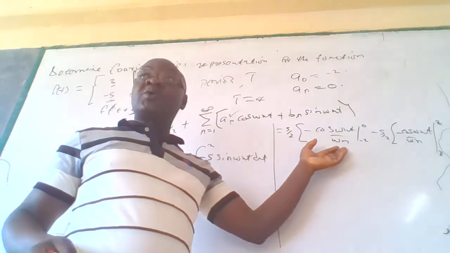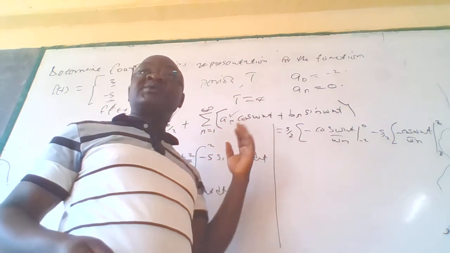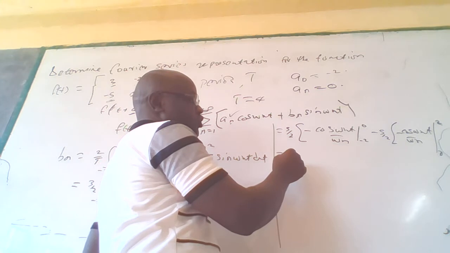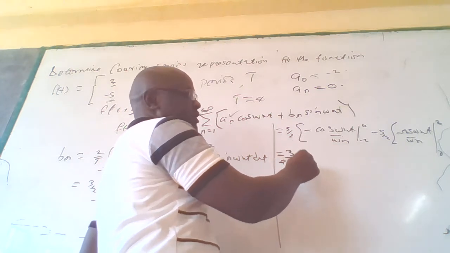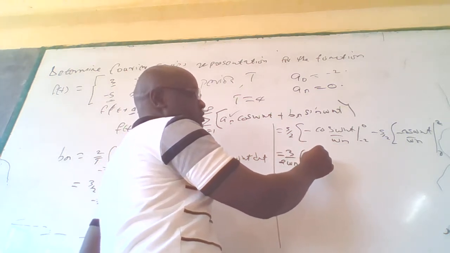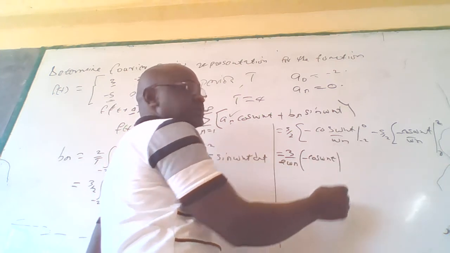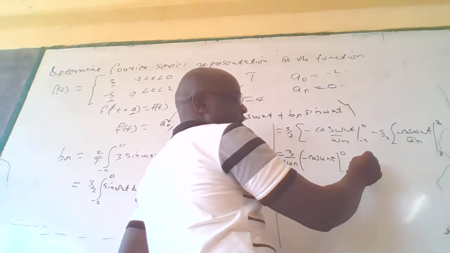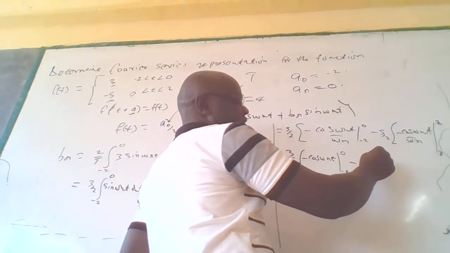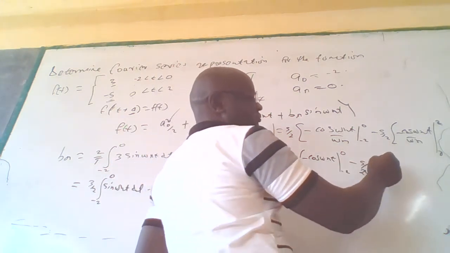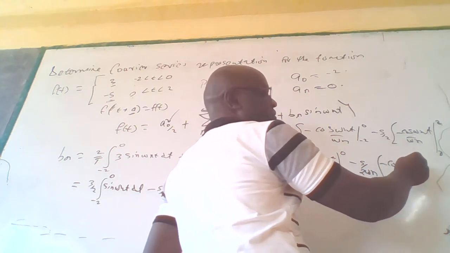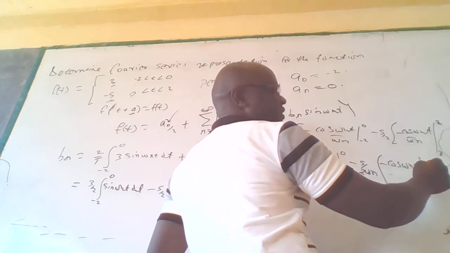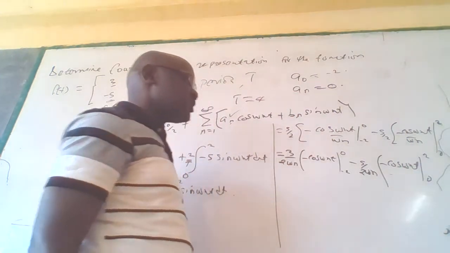We can modify this by taking 1 over omega n outside the bracket, so that you have 3 over 2 omega n into minus cos omega n t, integrating from negative 2 to 0, minus 5 over 2 omega n, and then you have minus cos omega n t, integrating from 0 to 2.